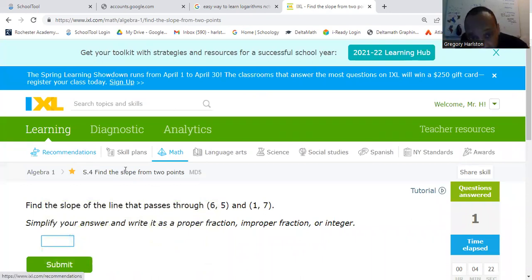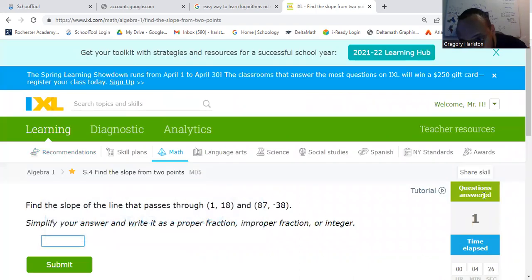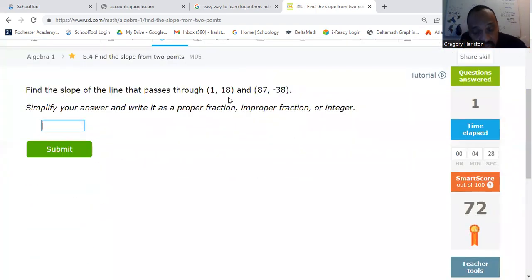I want you to see the numbers get really big. Here's one. So the numbers for this one are 118 and 87 and negative 38. Now I'm going to take those numbers, and it doesn't matter if they're negative or positive. It's going to be Y1 minus Y2 over X1 minus X2.